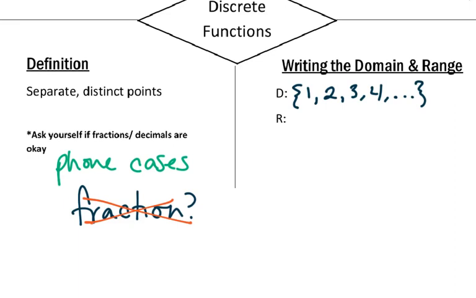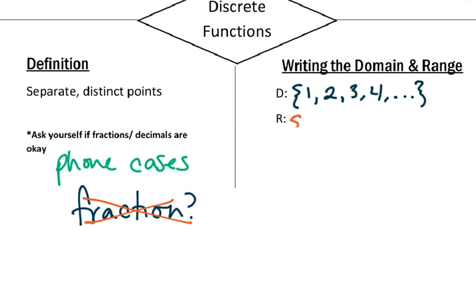I can't use this symbol from 1 to 4 because this symbol means it's every single number between 1 and 4. No, I'm not going to buy 1.1 cell phones, 1.2, 1.3. That's crazy. So I can't write it like this. I have to write it as just the whole numbers, just the ordered pairs we had. We had 1 case, we can buy 2 cases, we can buy 3 cases.